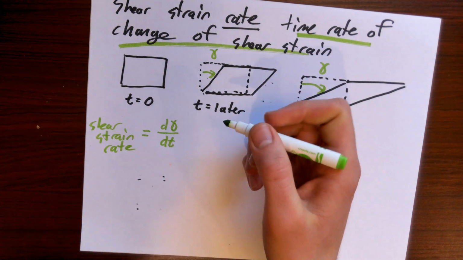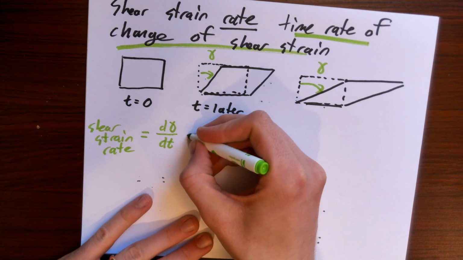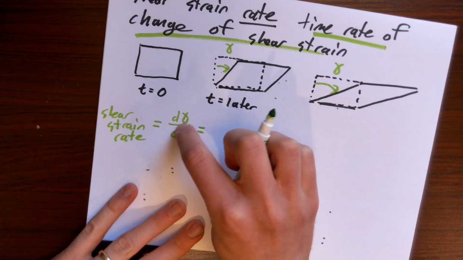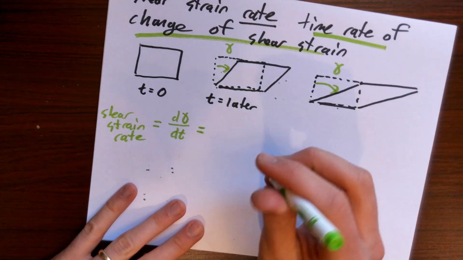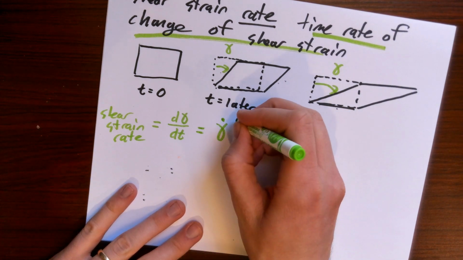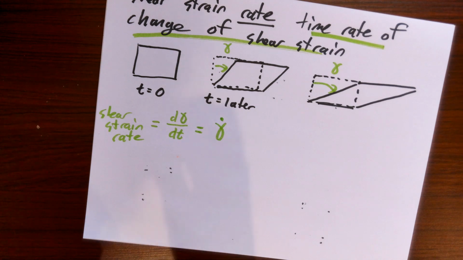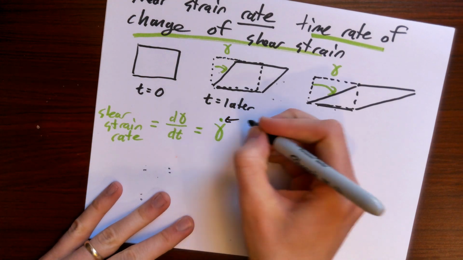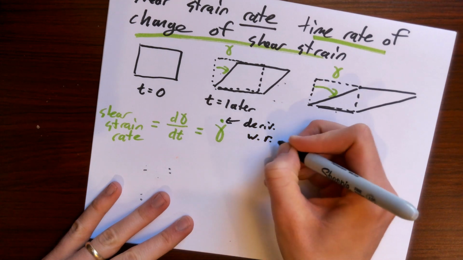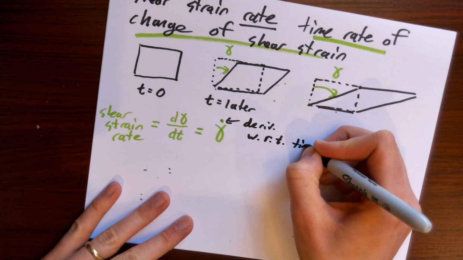And just as one last little addendum to the convention, a lot of times under some contexts, people signify a time derivative with a little dot over it. So in this case, the little dot signifies a derivative with respect to time, right?